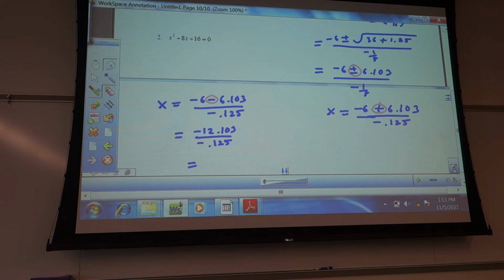Right, so I need to make them into 2. Oh, you got rid of the square root, I just took the square root of 36 plus 1.25. Okay. Let me write this down so I remember.